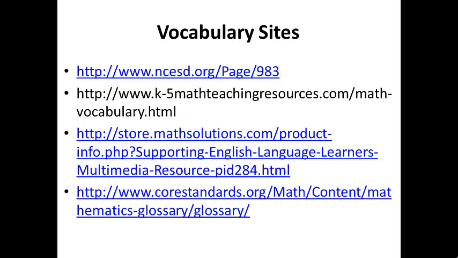And then the bottom link there is actually from the Common Core State Standards website that has a math glossary that they use. It's not the most user-friendly, but if you want to get a better understanding about what the standard writers mean when they use certain terms, you can reference that as well.